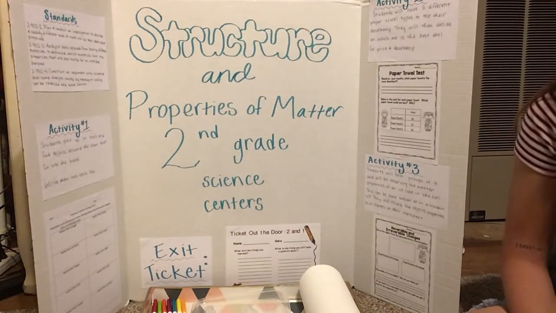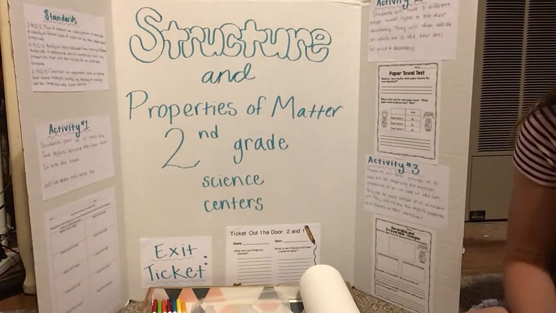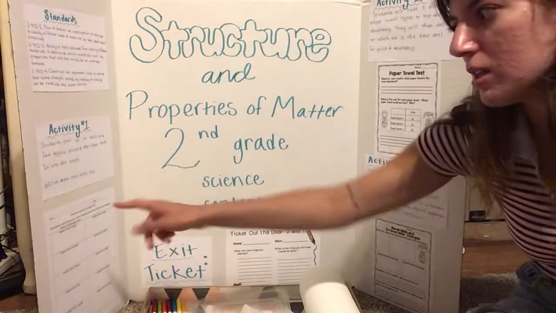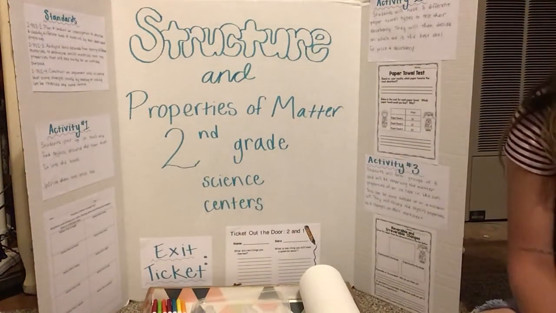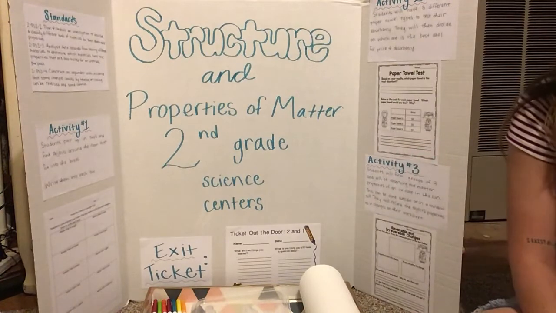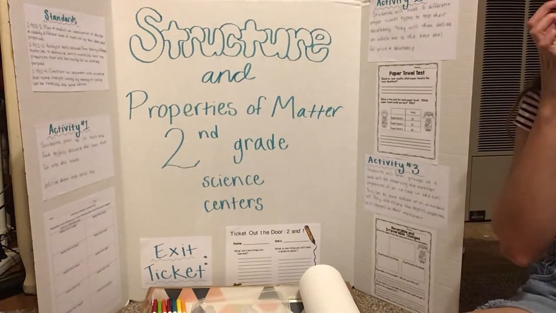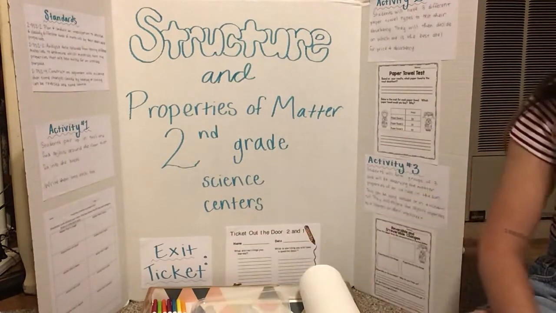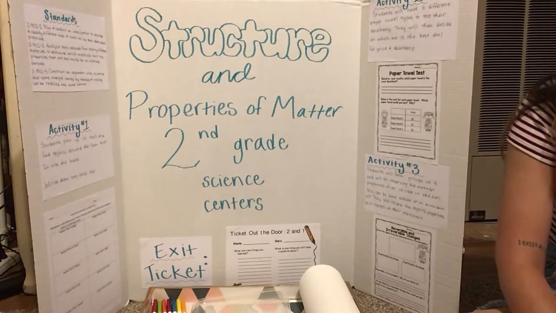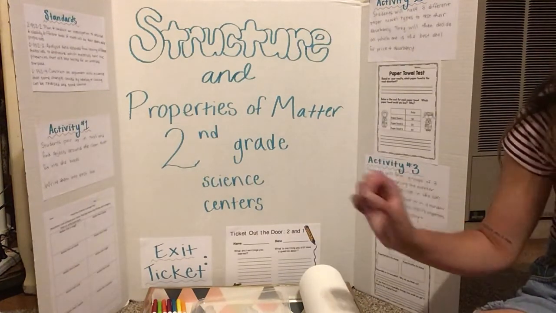So this also involves cross curriculars of art and writing. So there are properties of matter scavenger hunt. Students are supposed to draw the matter. So for the which one is pointy or stuff like that, they would physically draw the pencil.